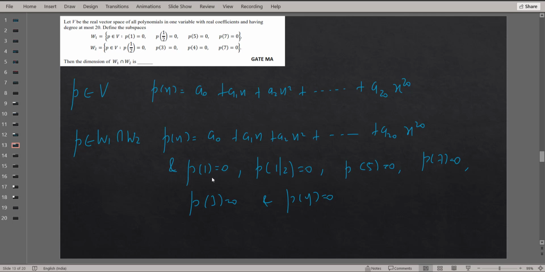So we can find one unknown from each of these conditions. So we can find a total of 6 unknowns from these conditions.